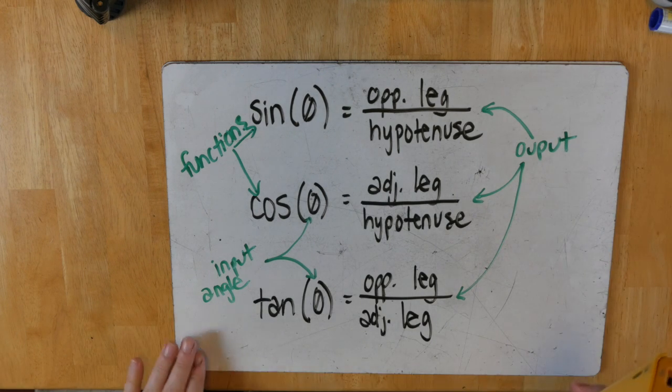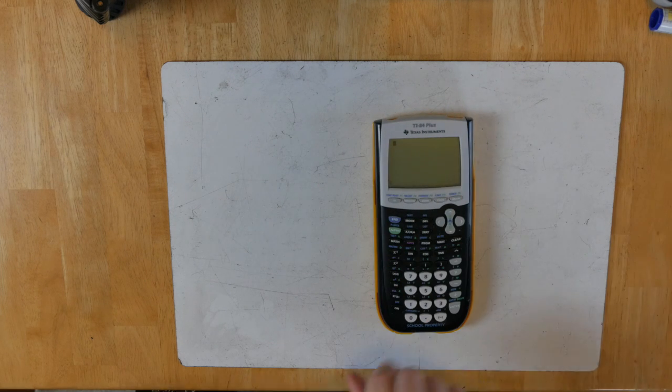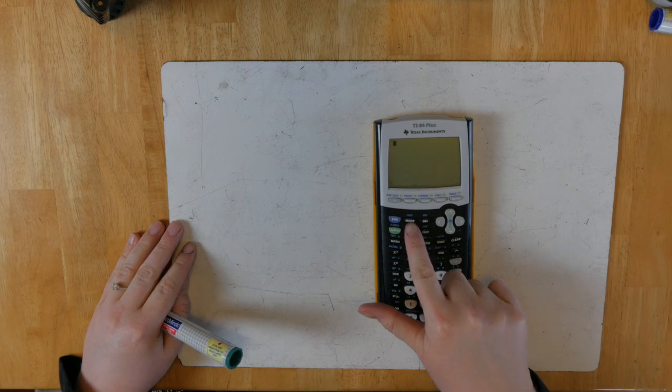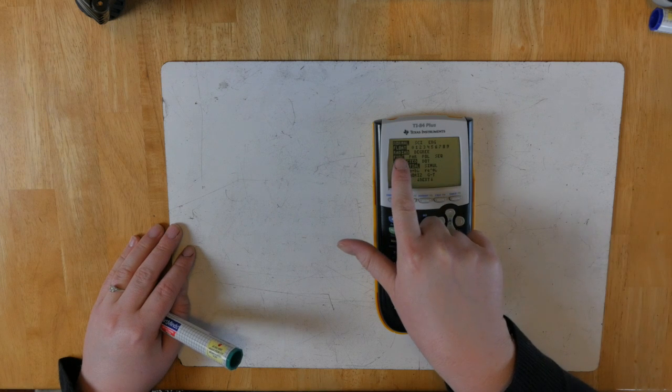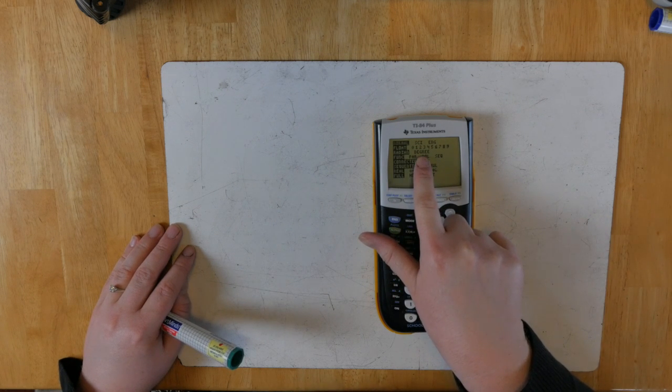The next thing that I see my students struggle with, and I think a lot of people will relate, is knowing or checking which mode your calculator is in. If I hit the mode button right here on a typical graphing calculator, I can see 3 rows down that I have the option between radians and degrees.